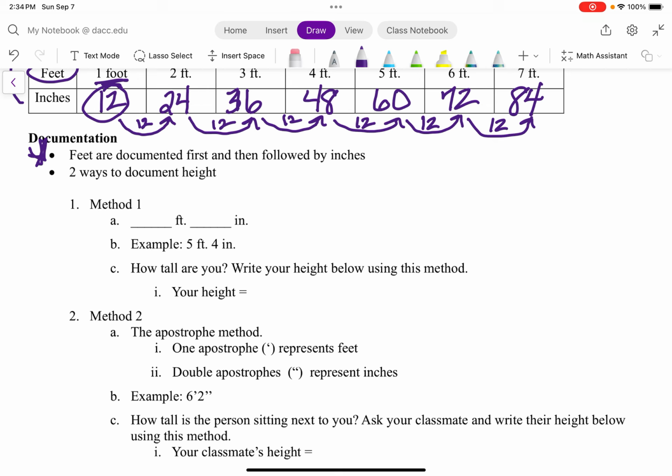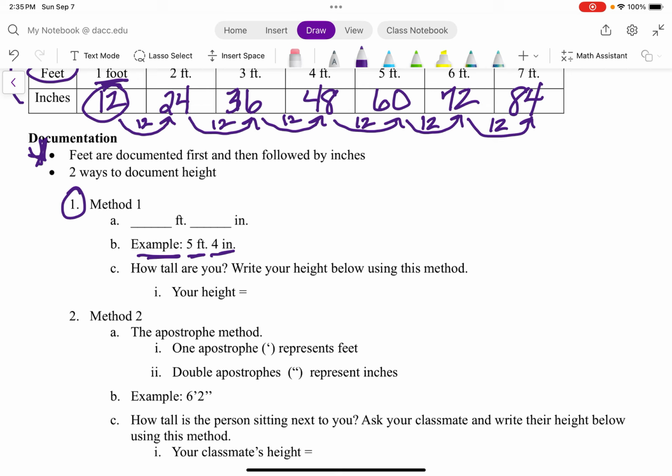So here are the two ways. Method number one, you'll see it listed as blank feet, blank inches. Our example here is 5 feet, 4 inches. The 5 would be here, the 4 would be there. So 5 feet, 4 inches. That's what we would see. All right, let's look at this question.